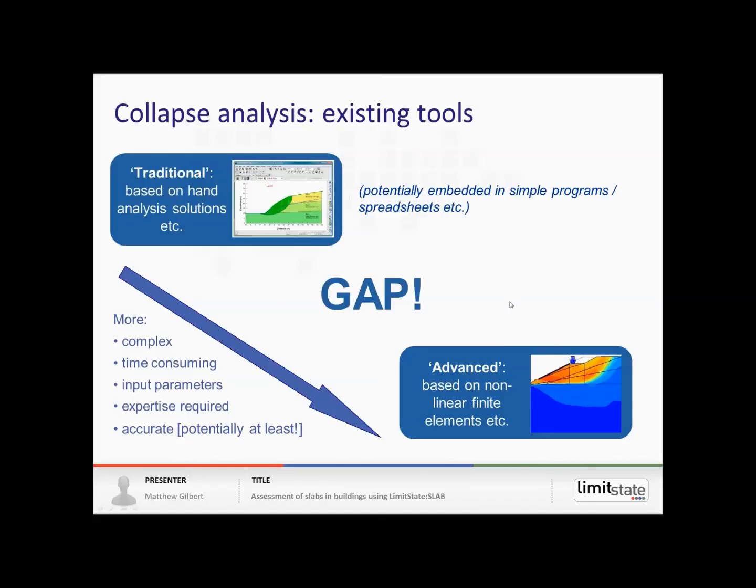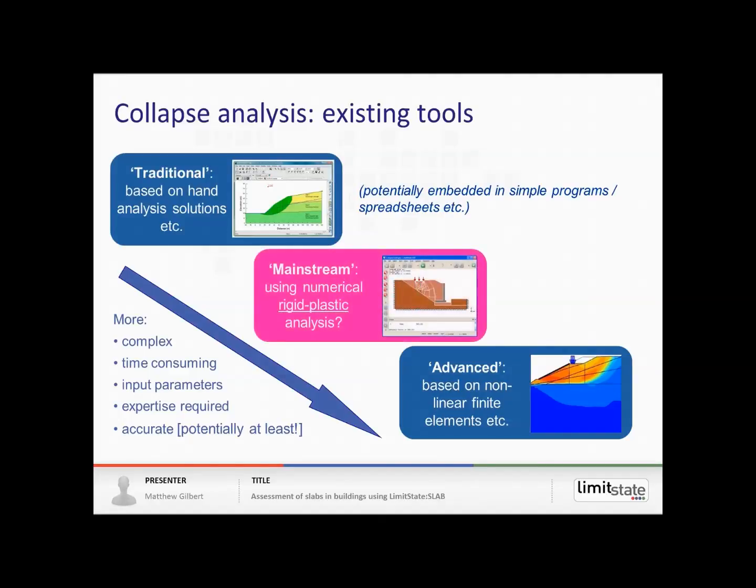And what we've observed is a major gap, a huge, large gap between those two types of tools. And we're attempting to fill that gap with what we regard as mainstream analysis tools, which retain much of the simplicity of the traditional tools, but allow much of the flexibility of the advanced analysis tools. So, for example, in the geotechnical context, we can analyze problems of arbitrary geometry with a variety of material models and so forth.